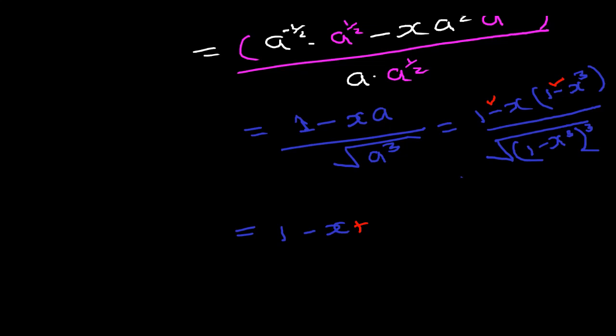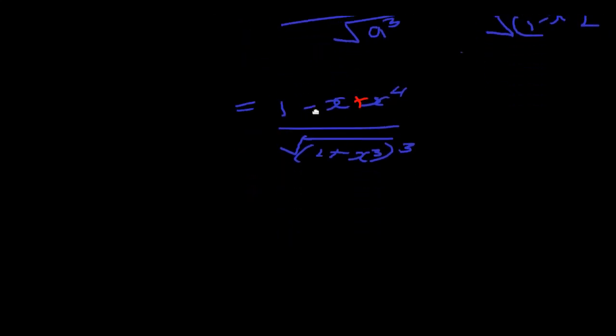Then the denominator is already in its simplest form. That is 1 minus x cubed in bracket, then cubed, then the square root of all that. So that is the simplest form of the above expression.